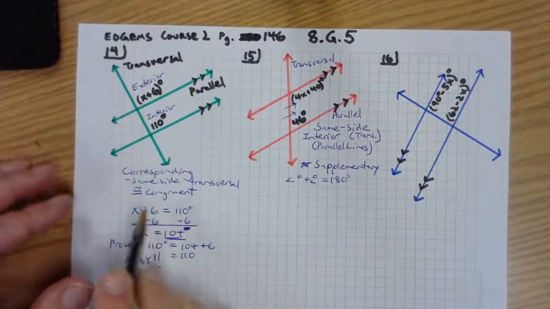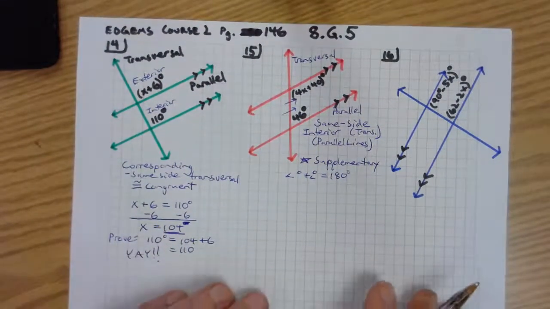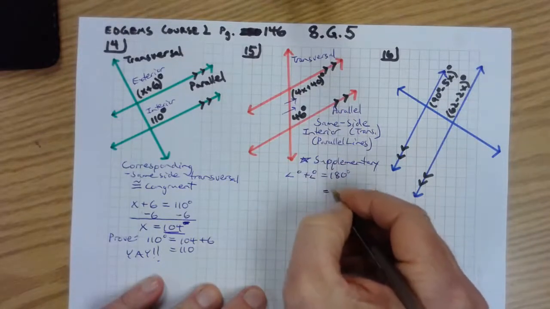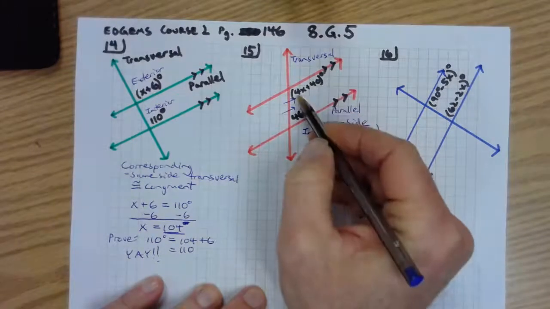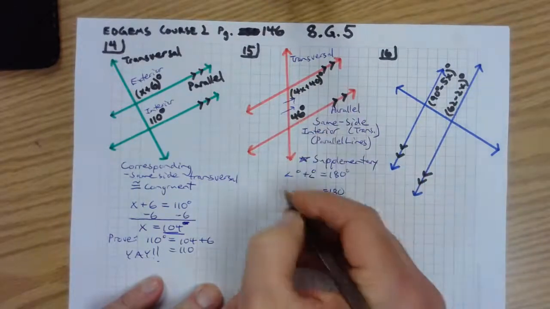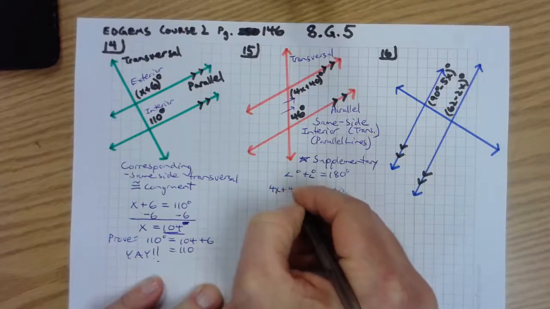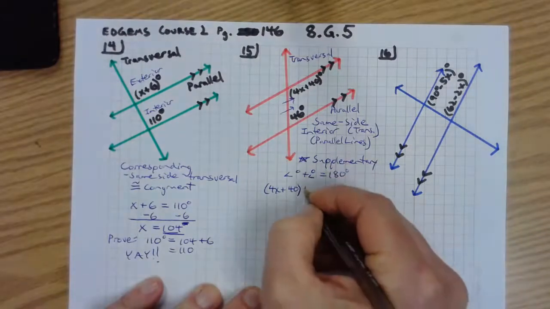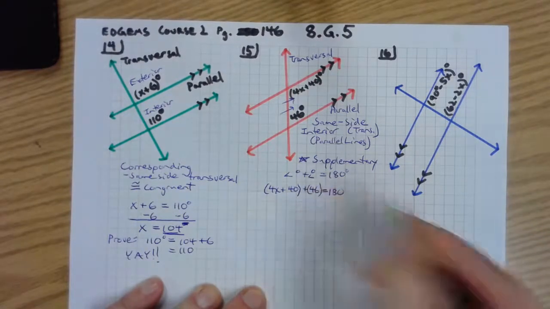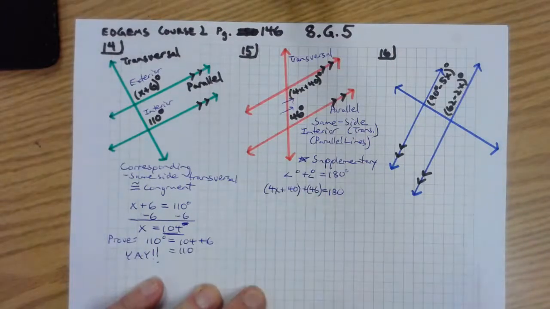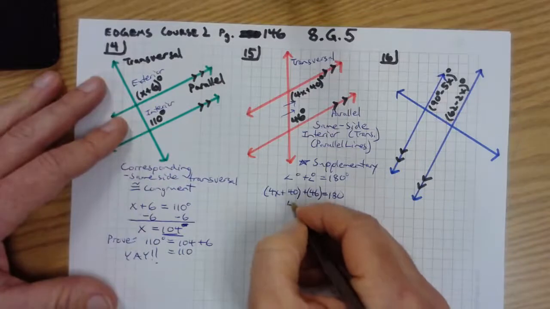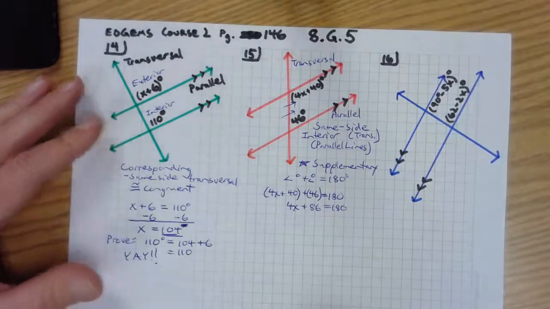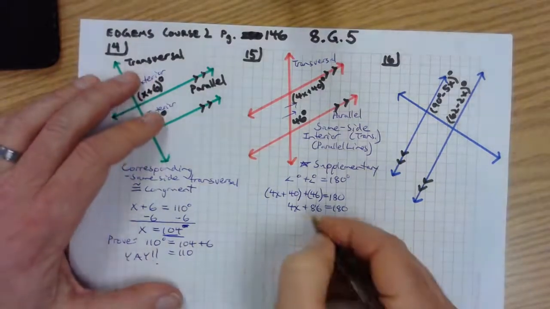Okay, so we're not going to set up this equation the same way as the first one. We're going to add them together and set it equal to 180. 4x plus 40 plus 46. I'm using parentheses just to denote that's one of the angles and this is the other one. So when we remove the parentheses, combine like terms, we end up with, once again, a very simple equation, simpler than most of the ones we've been doing in class up to this point.